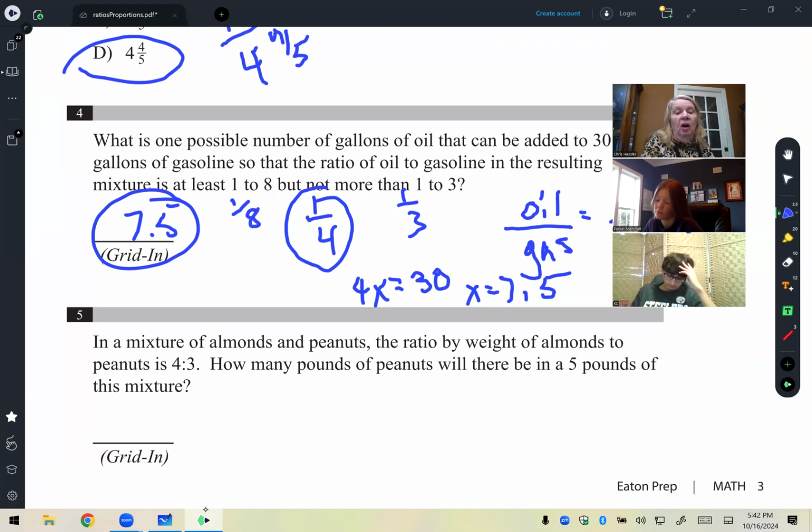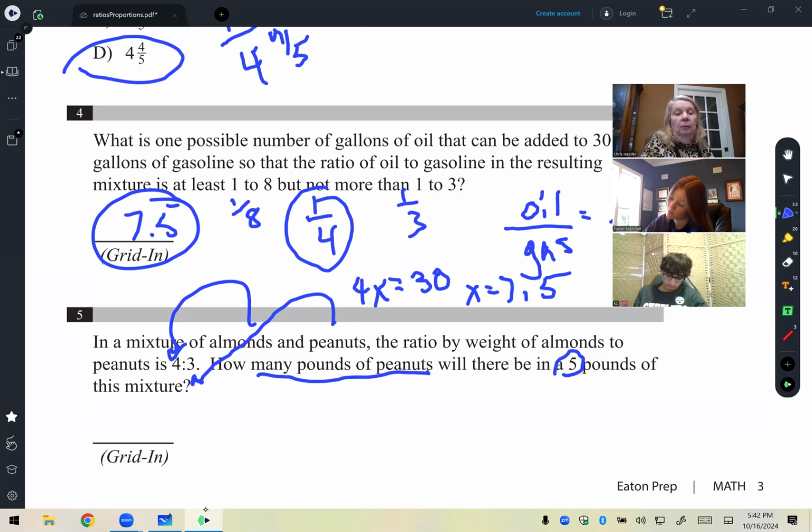In a mixture of almonds and peanuts, I want you to try to do this yourself. So the almonds are 4 and the peanuts are 3. We want 5 pounds of the mixture. How many peanuts would I put in there? So we make our label.